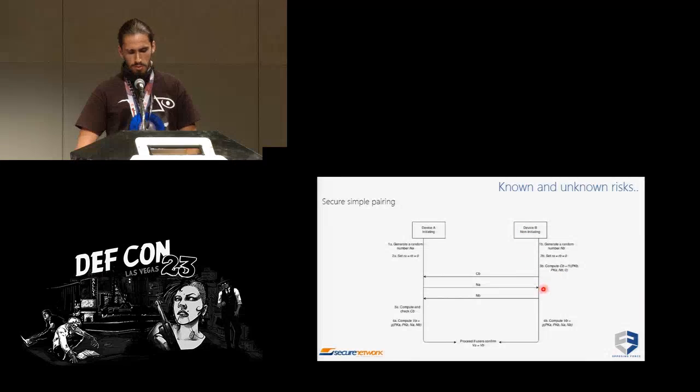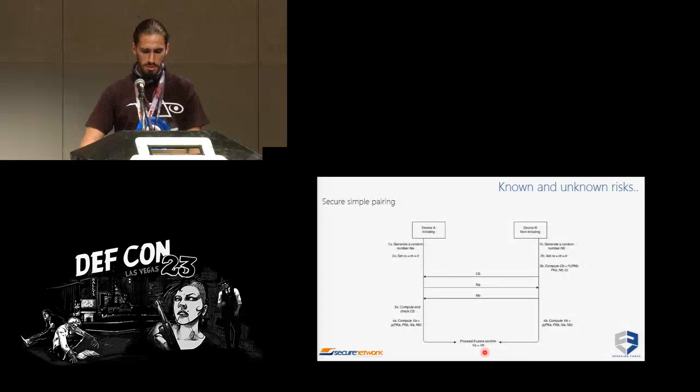So device B will send the result of this computation to device A, and they will exchange their random numbers. Then device A will check if the algorithm worked well and compute some results. Each one computes a number, and at the last step the users see the final number on their display and have to say, okay, it is the same on the two sides, in order to confirm the pairing.